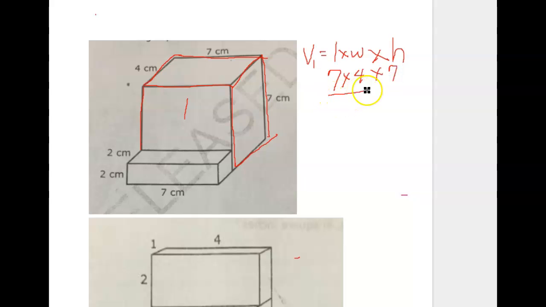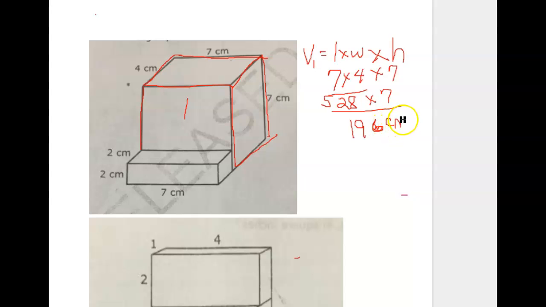So we multiply 7 times 4 is 28, times 7. So we have 28 times 7. 7 times 8 is 56. Carry 5. 7 times 2 is 14 plus 5 is 19. So box 1 has a volume of 196 cubic centimeters.